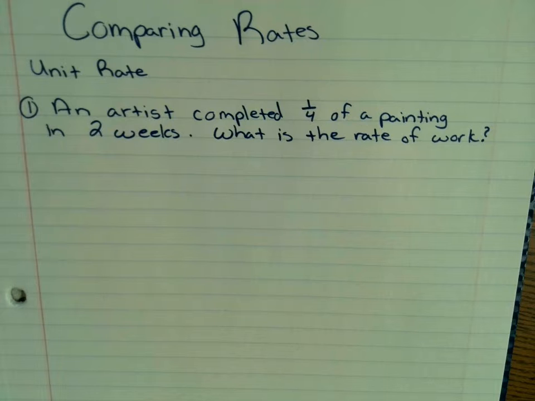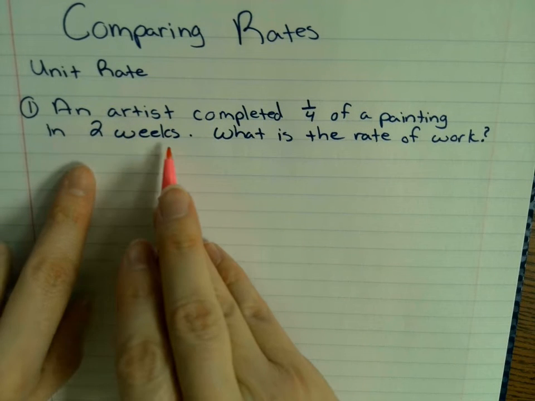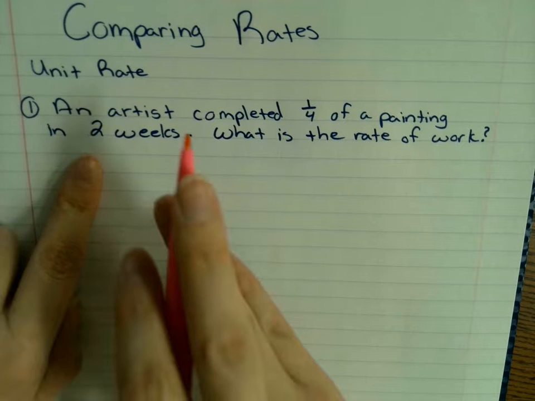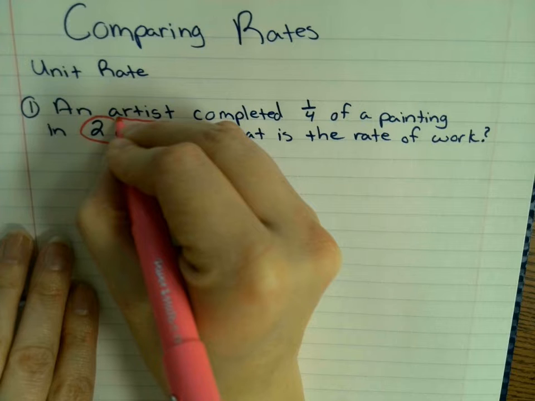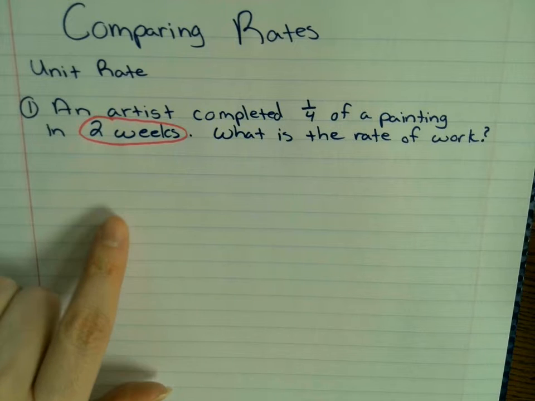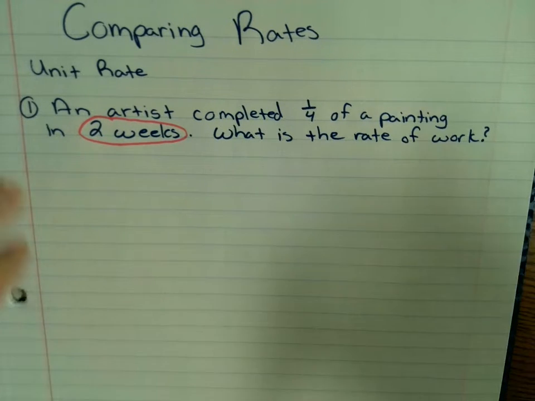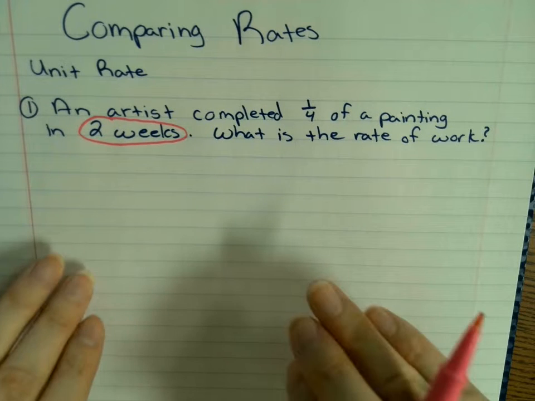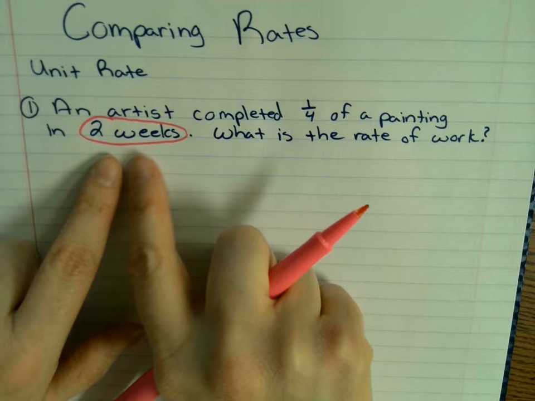Time, the measurement of time, is also unique because time always goes on the bottom. So I'm going to go ahead and circle 2 weeks. Unless it's otherwise stated. Sometimes it will state, oh, we want to know weeks per whatever. That's the only time that you would do it out of order. If it is not stated, then weeks, the measurement of time, would always go on the bottom.